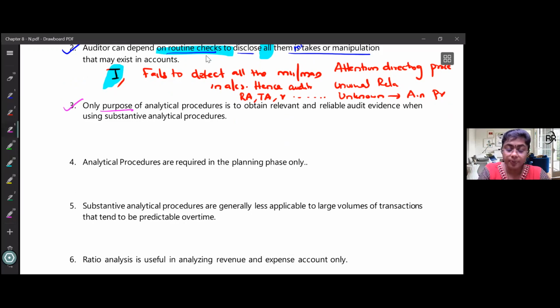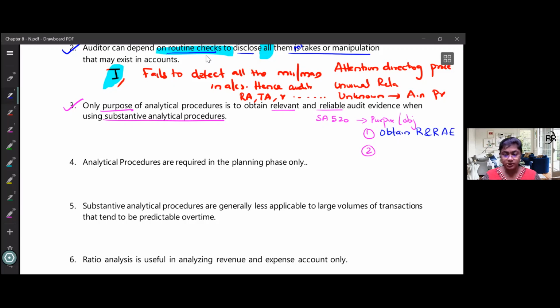The only purpose of analytical procedure is to obtain relevant and reliable audit evidence when using substantive analytical procedure. See students, SA 520, objectives of analytical procedures are 2 points. One, of course, to obtain relevant, reliable audit evidence while using substantive analytical procedure.